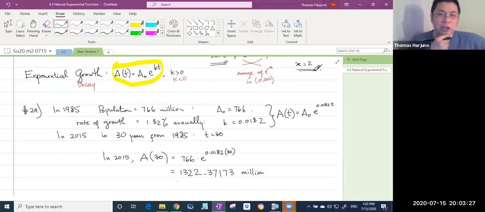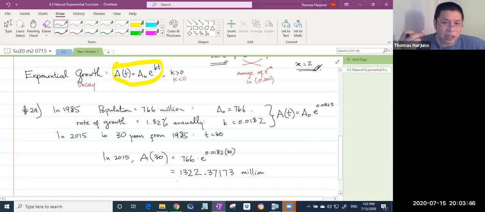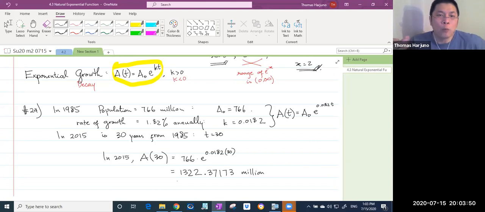Even though every year it only grows by 1.8% more. So how to say that? For every 100 people, in the next 1 year you will have an extra 1.8% on average. With that kind of growth, if you continue for 30 years, you almost double the population.